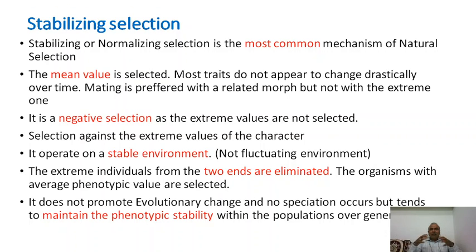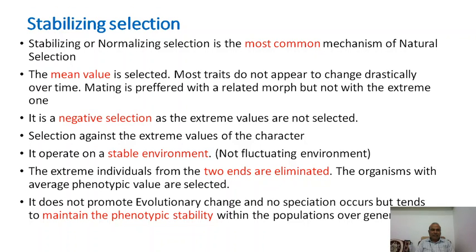You take for example average color, average height, like that. Whichever has a related morphology will be preferred. Individuals with extreme morphology are not selected because the environment does not require such extreme values, since it is not changing.